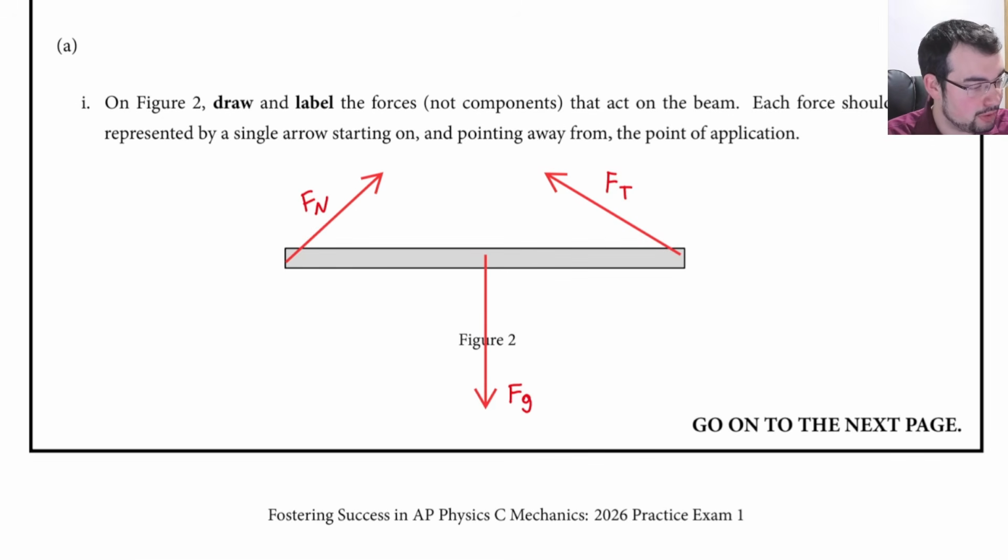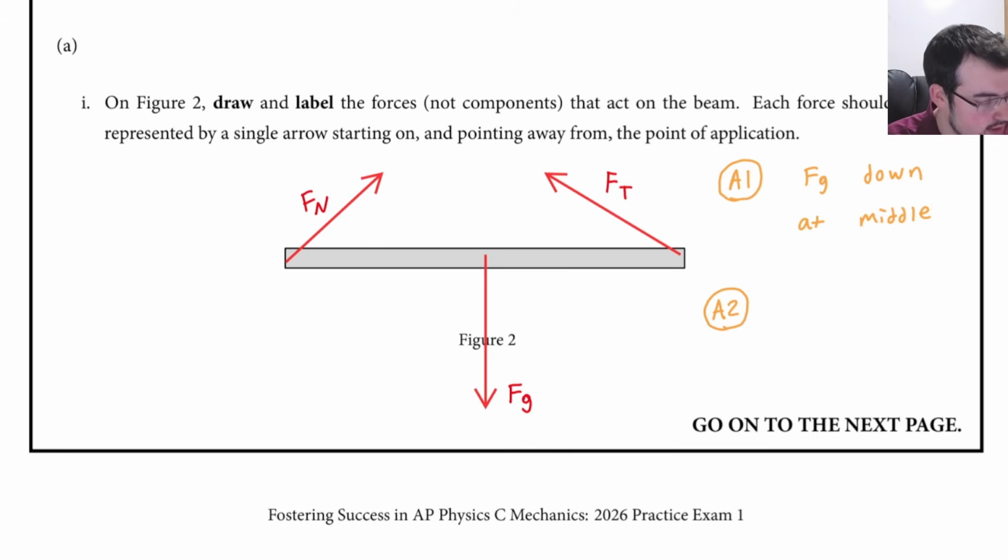So how did I award points for this? Well, the MR diagram is only worth 2. So the easy point you get just by a downward gravitational force at the middle. Of course, we are quite generous as to what is meant by middle. And then for the second point, you have to get everything else correct.